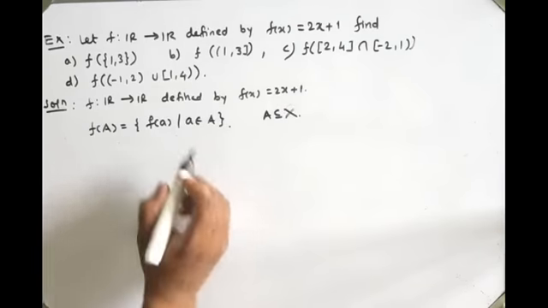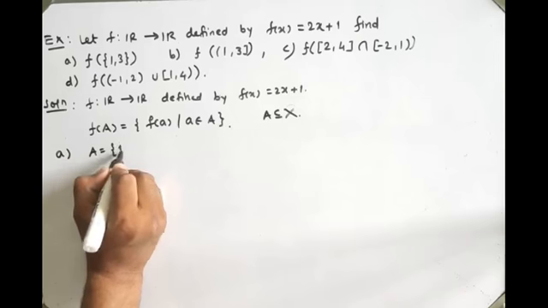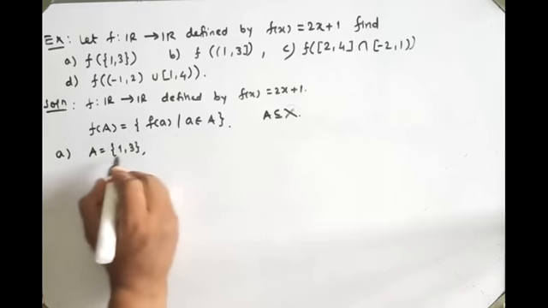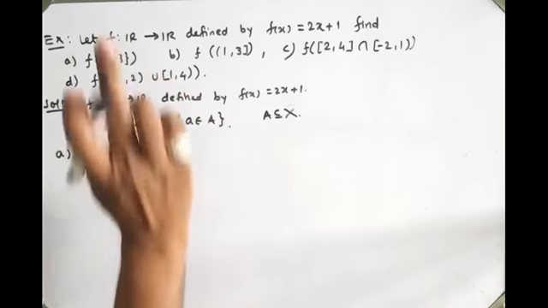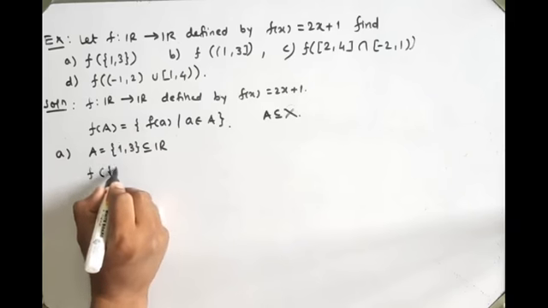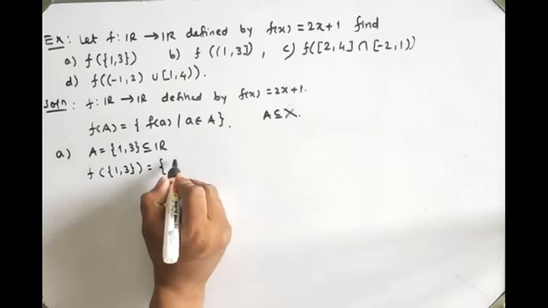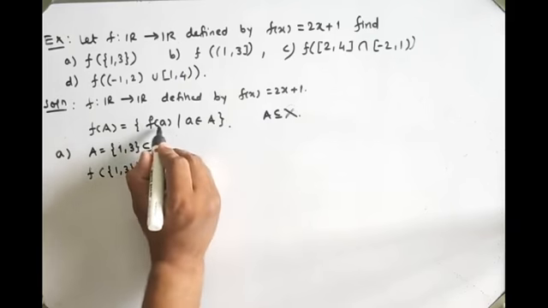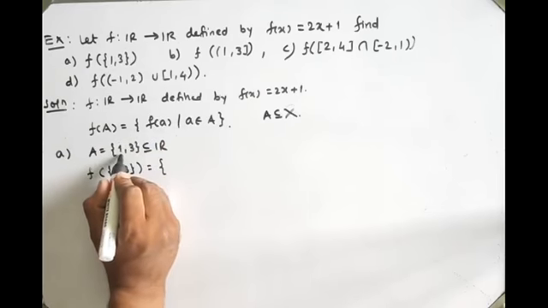So here in the first example, A is equal to what? The set [1, 3], which is a subset of the real numbers R. Therefore the image of A, which is f of A, means f of a where a belongs to set A. So what are the points of A? 1 and 3.